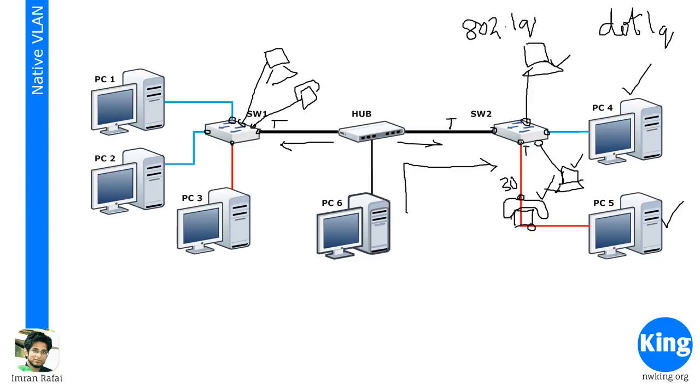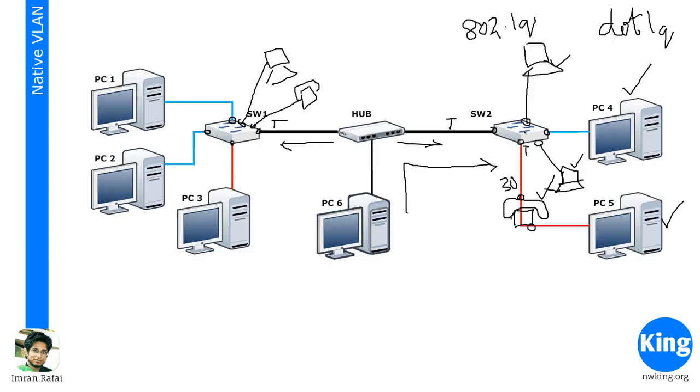We don't say switchport mode access, switchport access vlan 10, right? So an access port you give a VLAN number, but a trunk port you don't give a VLAN number. So it goes back to the same concept that we discussed in PC6. It goes without a tag, and the switch takes that and says, okay, you're coming without a tag, so I'm going to put you in a native VLAN, which is by default VLAN 1.